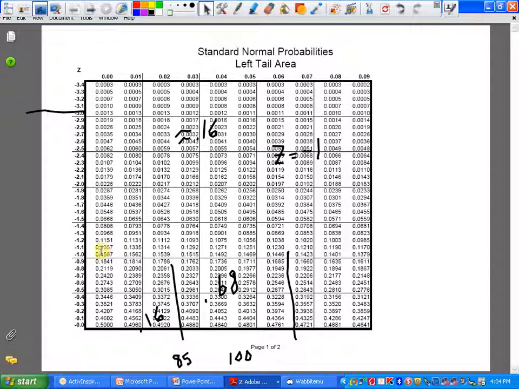And negative 1.0 is right here: 0.1587. And that is our answer. Close to 16%, which is what we got from the empirical rule. This is a more accurate answer, about 0.1587. That's the probability of getting someone who scores an 85 or less on the IQ test.